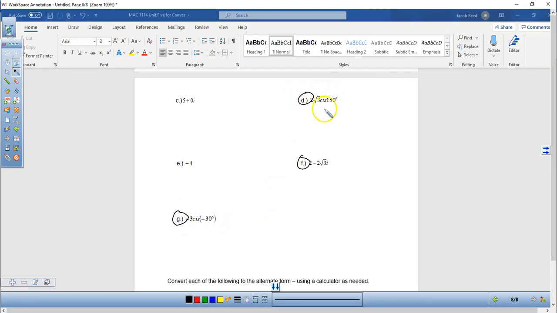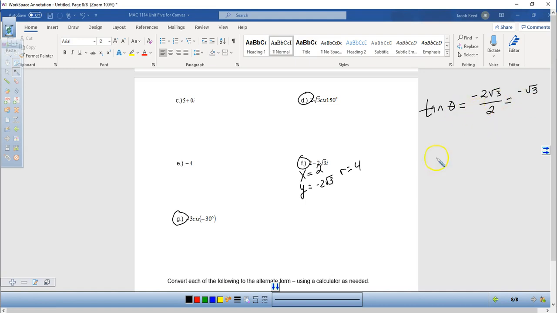I'm going to go ahead and do F because that's another conversion one. D and G are just multiplications. So X on this one is 2, Y is -2 root 3, R is 4. Tangent of theta has to be -2 root 3 over 2, which is really -root 3.